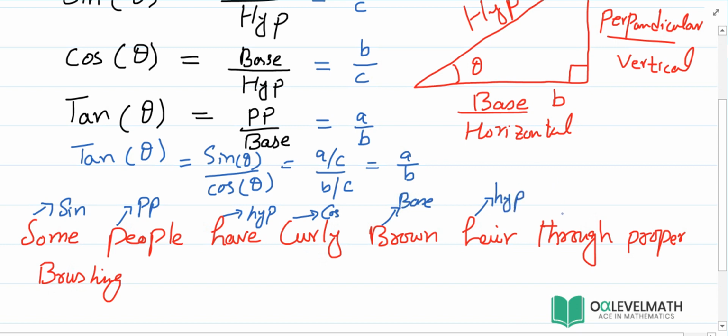And the last one, tan, would be equal to perpendicular over the base. So in this way we can remember these ratios.